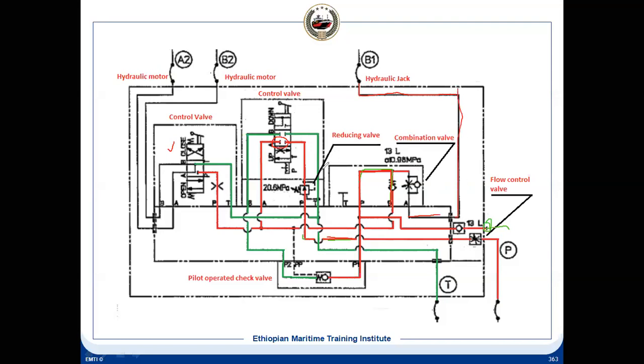So pressure will come from here, this is connected now, this will move like this, and then this will move like this, and then it will connect to the jack. Like the first class I have shown you, that jack will connect to this, and the jack will lift.